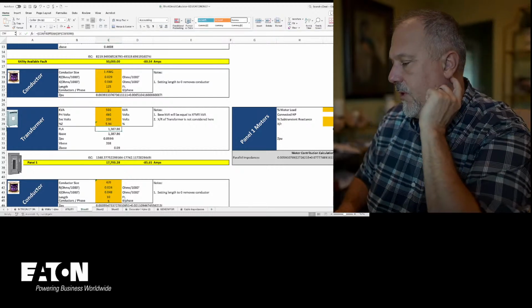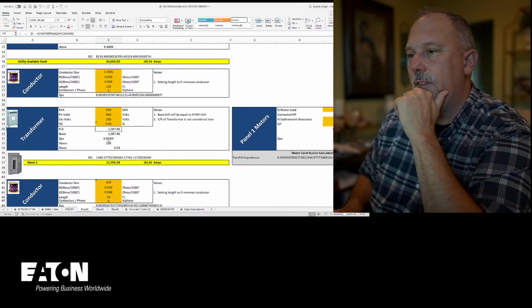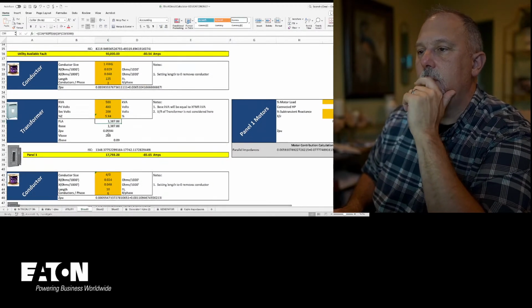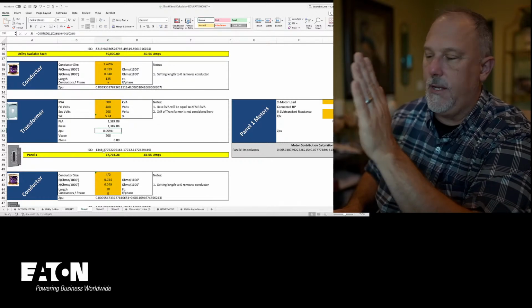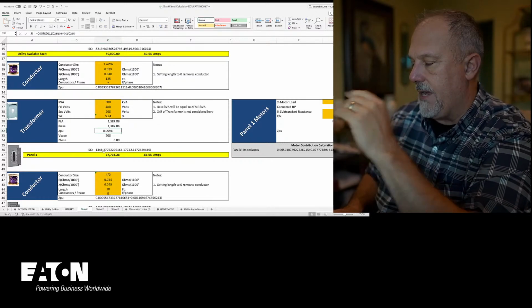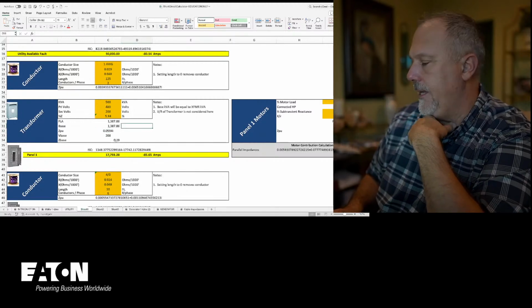So I'm at 5.94% Z. Now, I just used reactive on this one. I did not break it down into real and reactive. So that was 0.0594J.